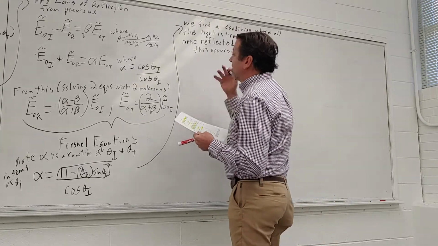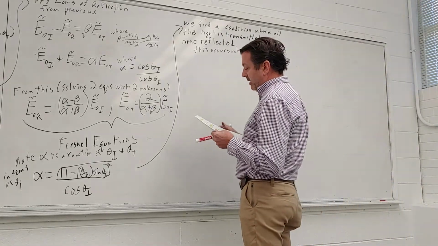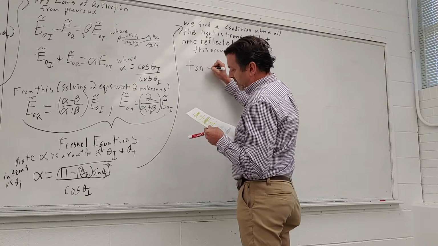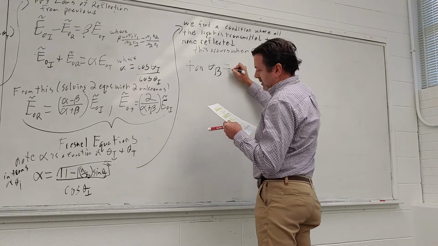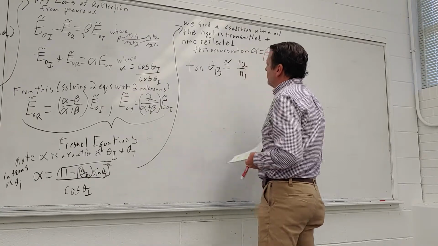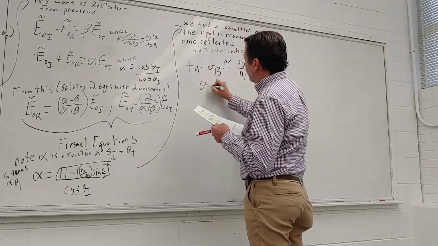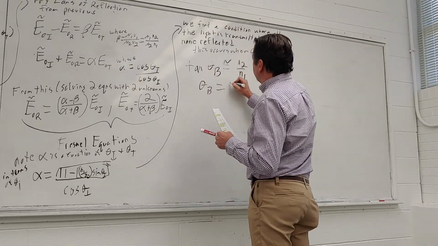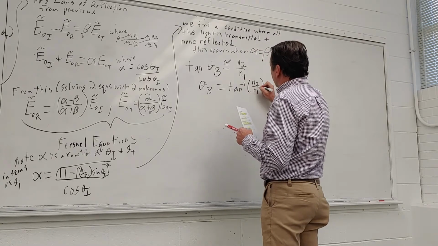Basically, you can make some assumptions on these angles, and basically you can say that the tangent of this angle, you can call that theta B, is approximately equal to N2 over N1. Or you can say then that theta B is equal to the inverse tangent of N2 over N1.